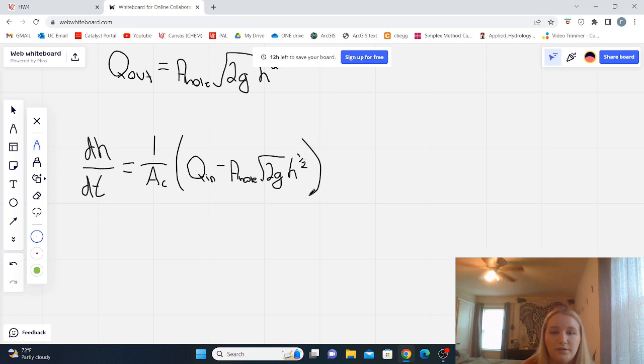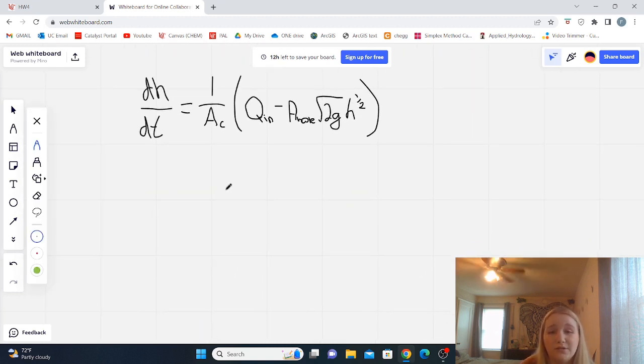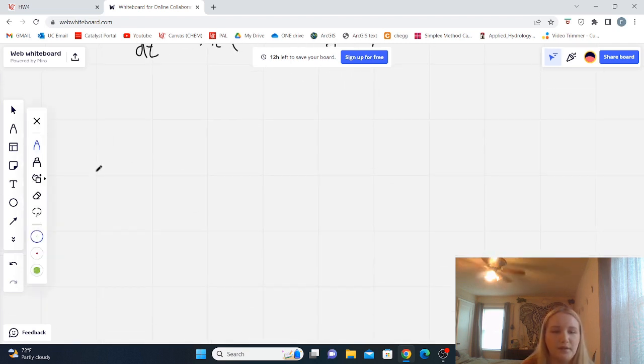in parentheses. Okay, so the next thing that we want to solve for is the concentration of A inside the tank. So in order to do that, we're going to do another mass balance, but this mass balance is going to be in terms of A. So to do that, we're going to need our cross-sectional area multiplied by the concentration of A multiplied by our height.